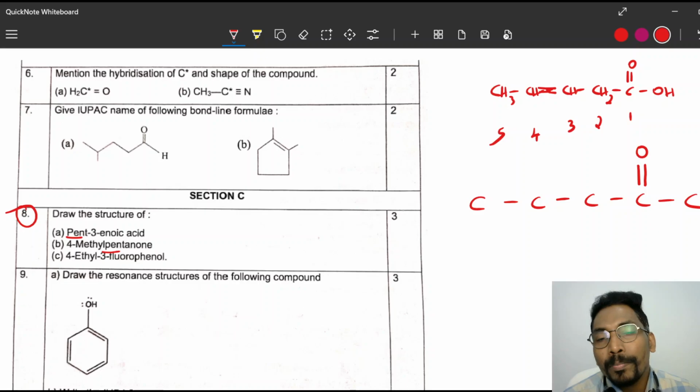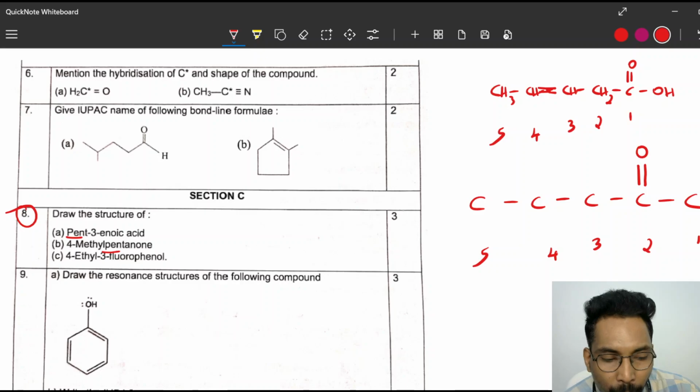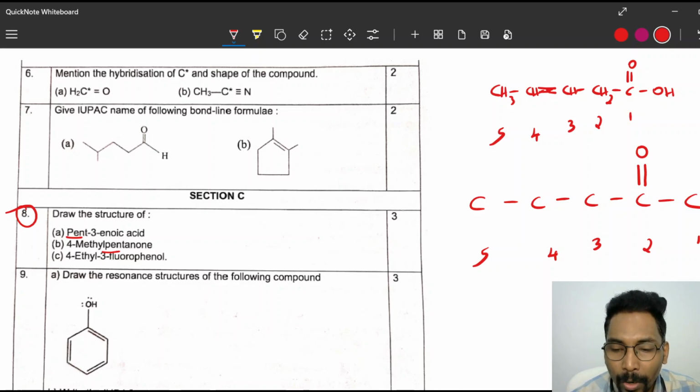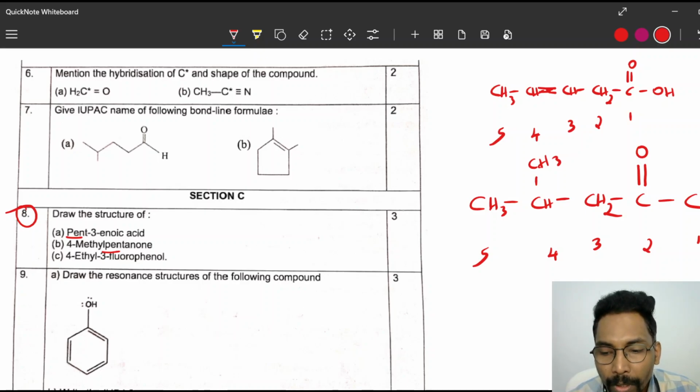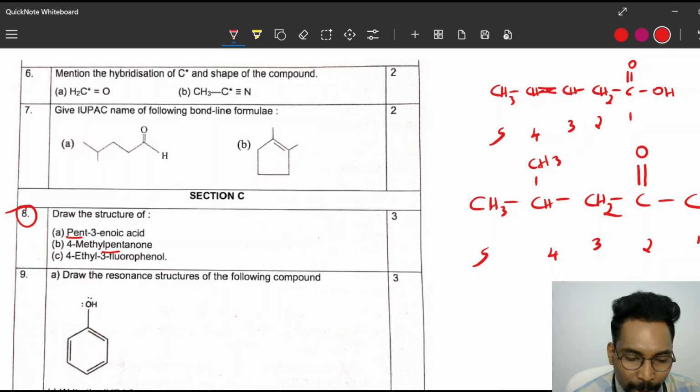You can't place a ketone group at the end. So you have to start the numbering from this side. 1, 2, 3, 4, 5. 4-methyl: on 4th carbon, 1 CH3 group. Then you can fill with hydrogen. CH3, CH, CH2, CO, CH3. Okay. Clear? That is 4-methylpentanone.